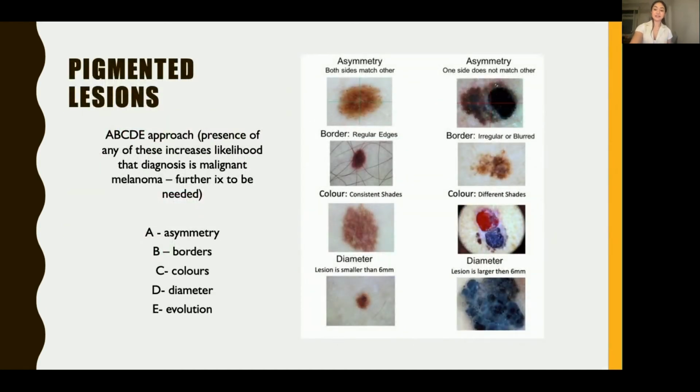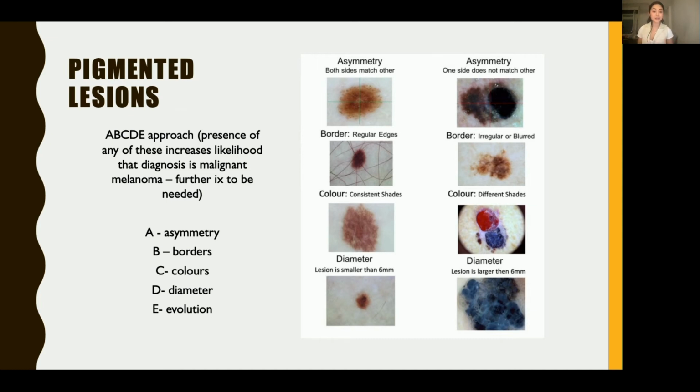So pigmented lesions. As we know, there's an ABCD approach to these. So A is for asymmetry, usually with something that's more cancer-like, the sides don't really match each other. Borders tend to be more irregular. There are different colors. Diameter of the lesion, if it's probably more than 6 millimeters, more likely to be cancerous.